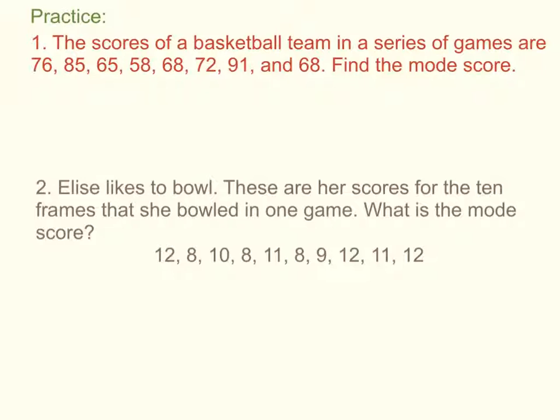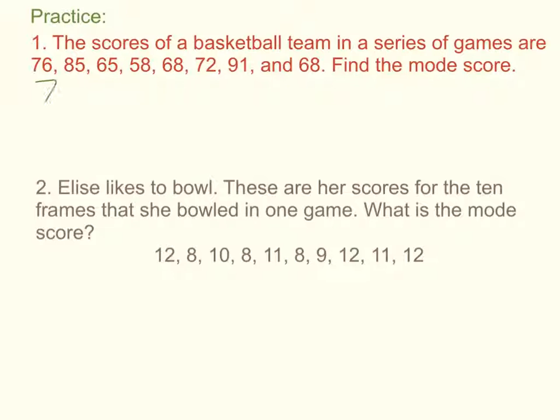So our first problem reads, the scores of a basketball team in a series of games are 76, 85, 65, 58, 68, 72, 91, and 68. Find the mode score. So for this problem, it will be helpful to list out all of the scores.